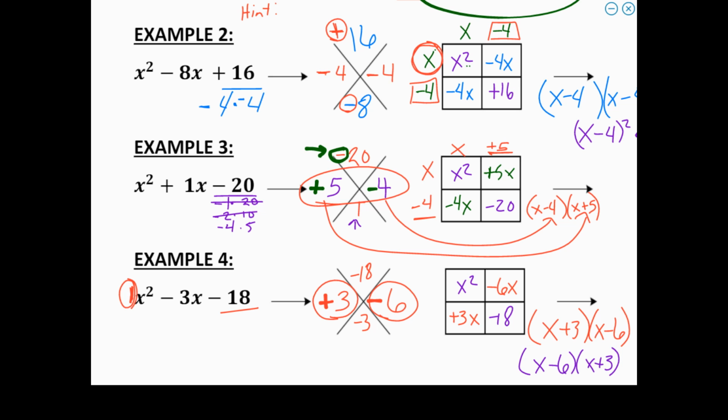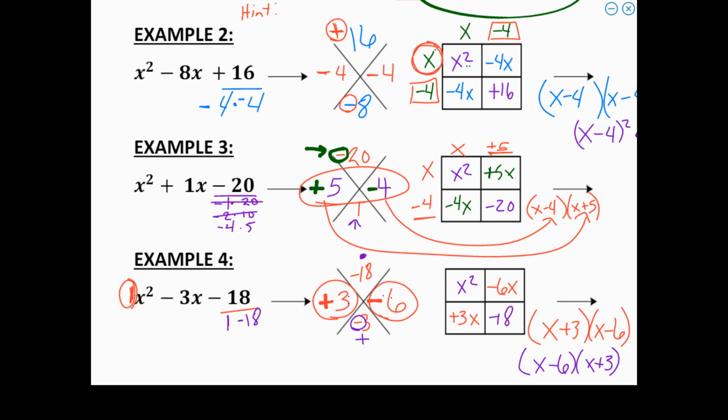Okay? Yes, ma'am. Where do you get the side numbers? That's what I don't understand. Where do you get your side numbers? These two? Yeah. Okay. So we have to find two things that multiply to give me this number up here and add to give me this down here. So if you can't think about them, then make yourself a list. So we've got 1 and 18. Because this is negative, I know that means the bigger number has to be negative to add together to give me a negative number, right?